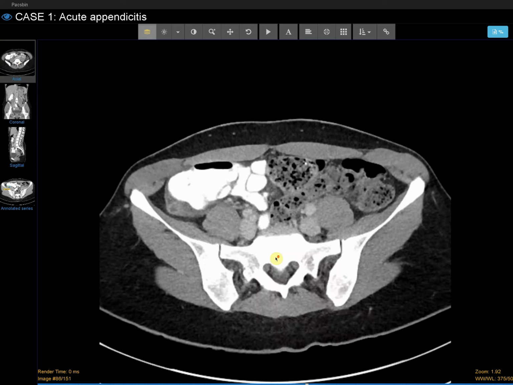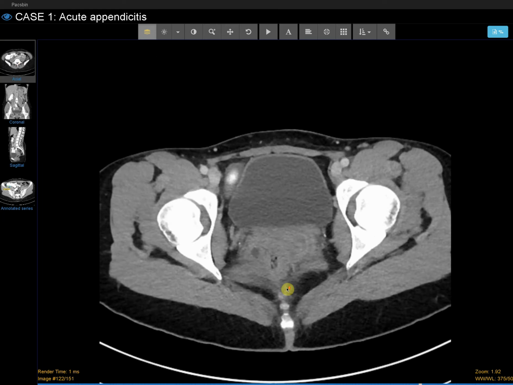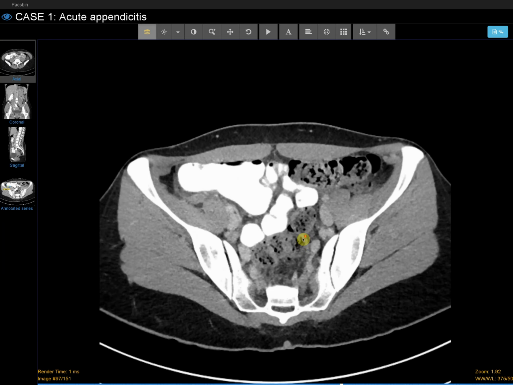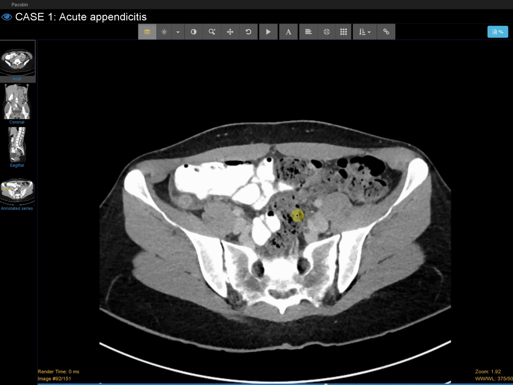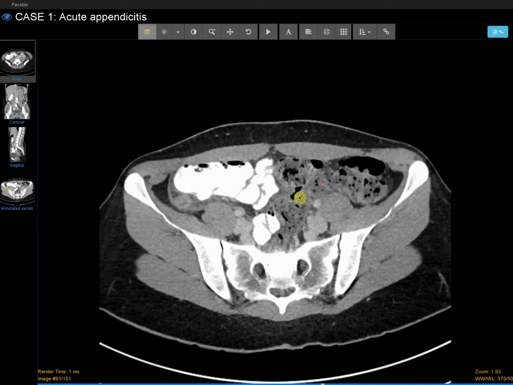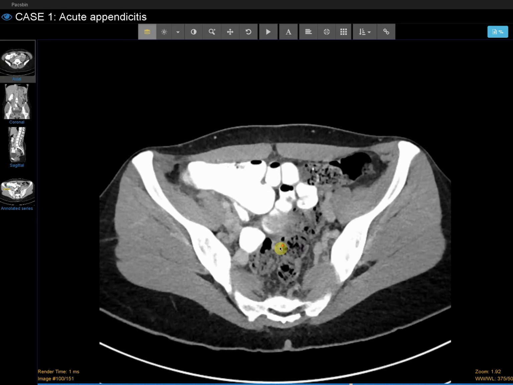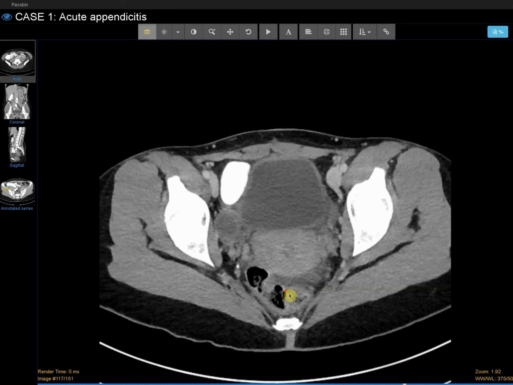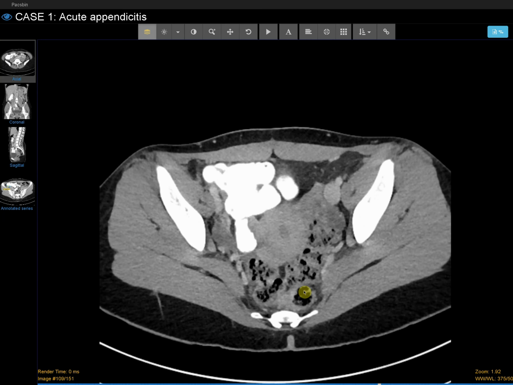So let's quickly follow the bowel in this case. So here's our rectum. There's stool, a lot of it. See how tortuous this sigmoid colon can be. So from our rectum here, it comes up here.